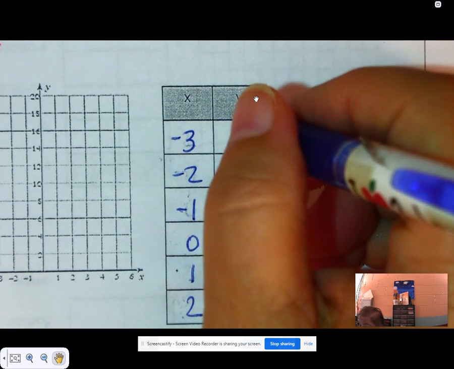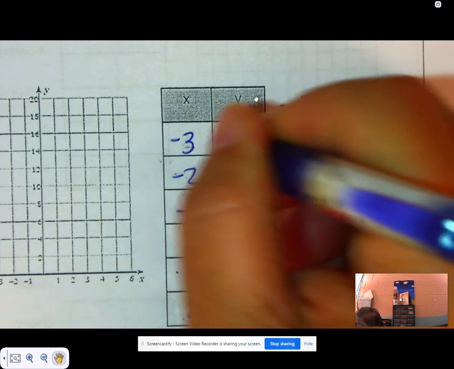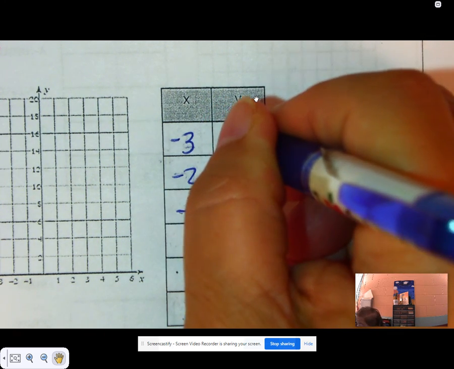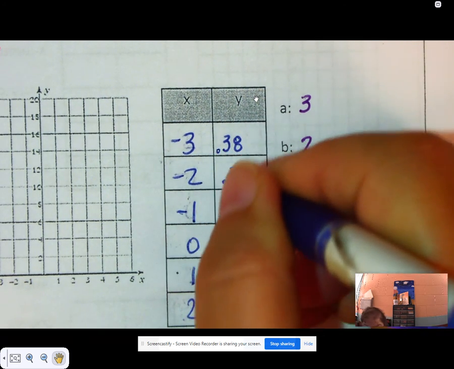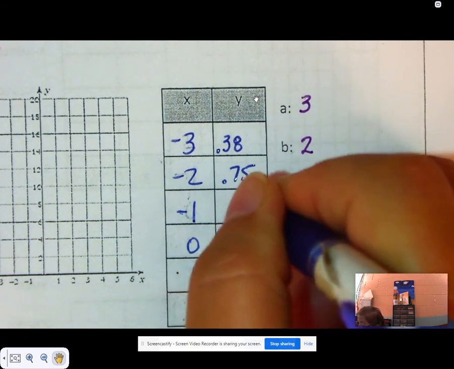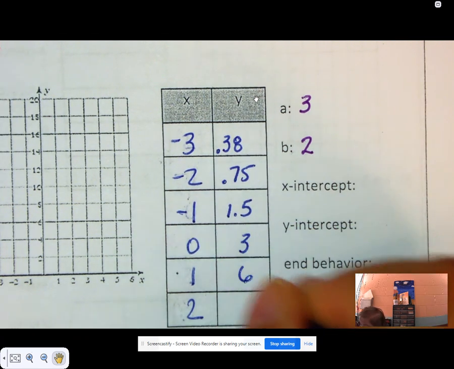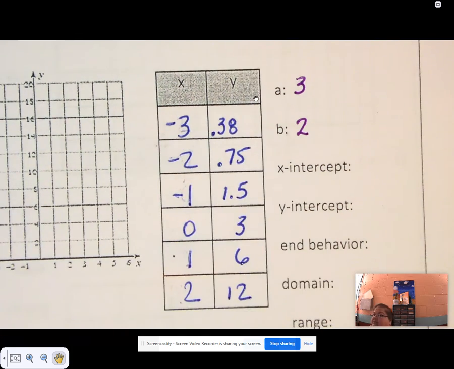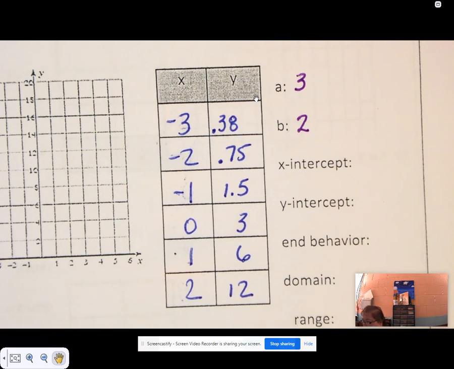So this is going to be 0.38, and then we'll get 0.75, and then we should get 1.5, 3, 6, 12. So I wanted to use x values that I knew would produce y values that will fit on my coordinate plane. That's my goal there.